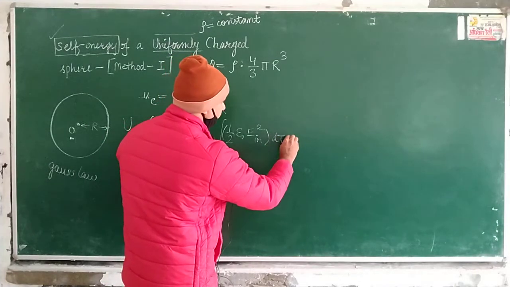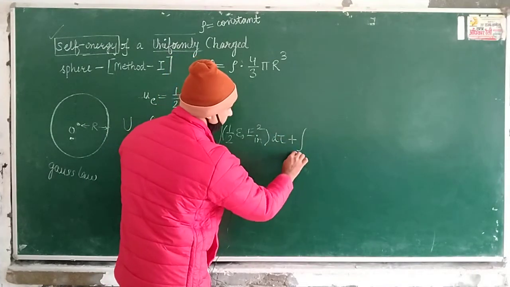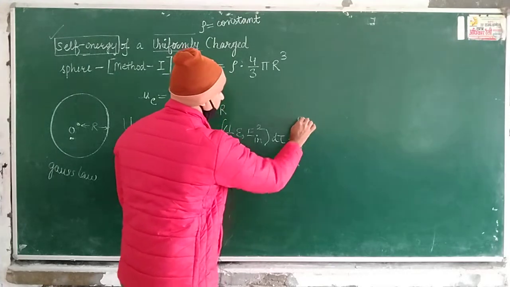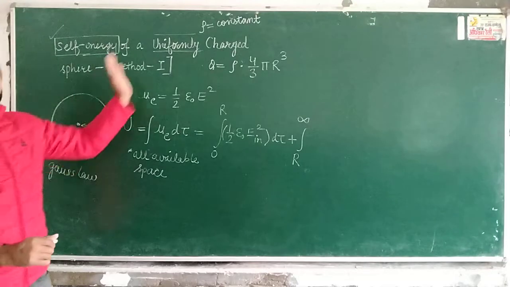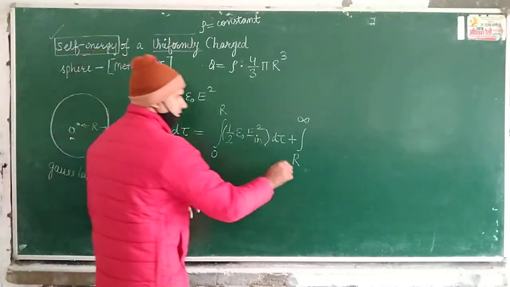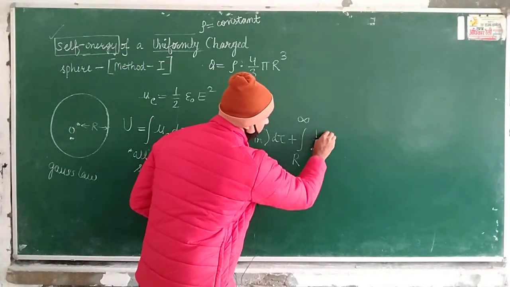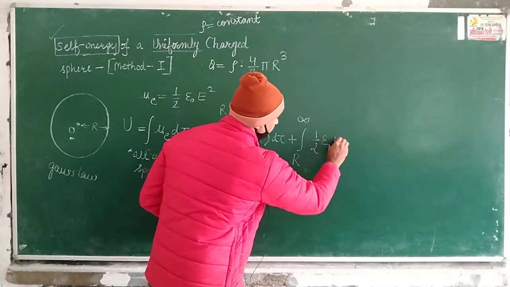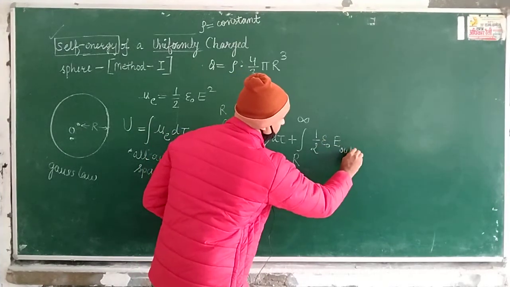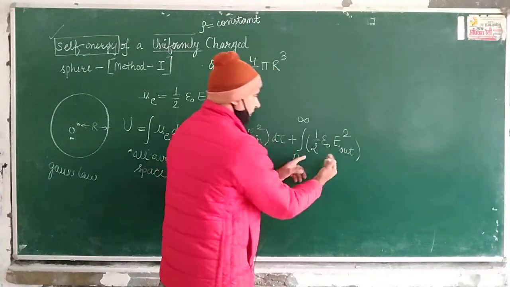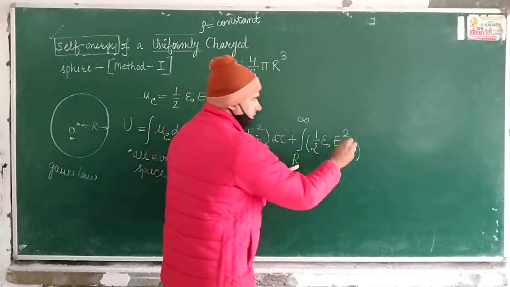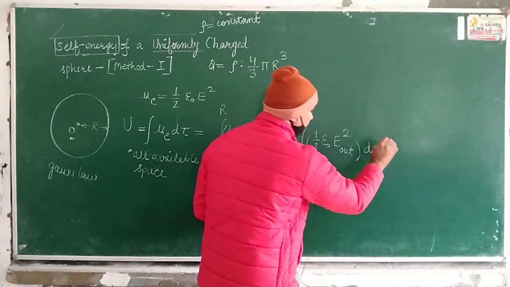Then plus, from r to infinity, because the electric field due to this charged sphere extends up to infinity, you will write 1 by 2 epsilon naught and the electric field outside the charged sphere. This is the energy density in the outer space, and then d tau.